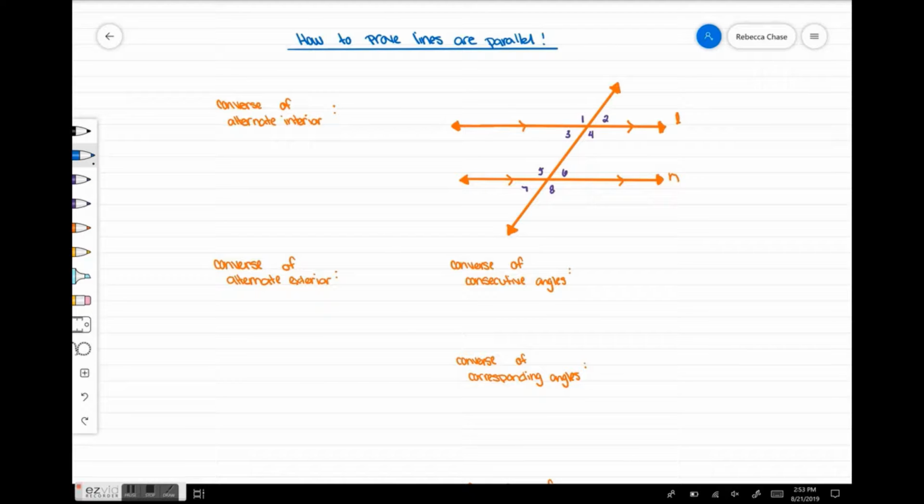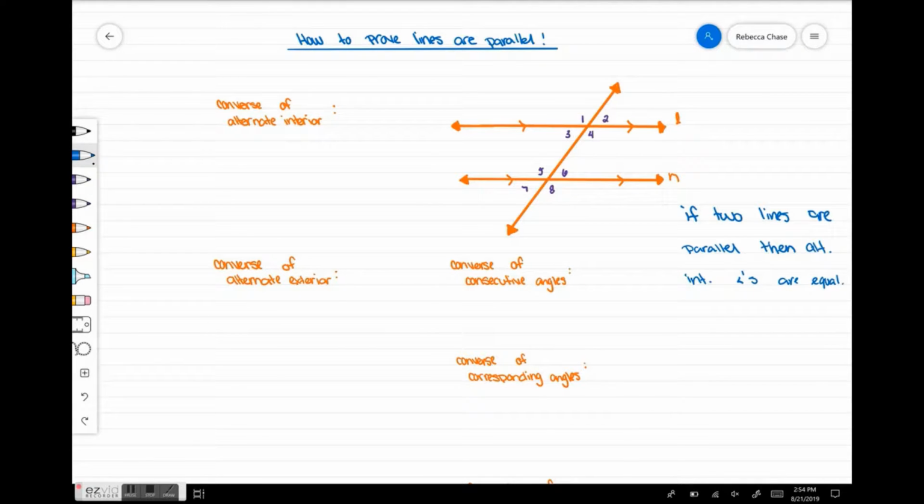So when we look at alternate interior, our original theorem was if two lines are parallel, then alternate interior angles are equal. Okay, so I'm going to write that over on the side for a second. So if two lines are parallel, then alternate interior angles are equal.